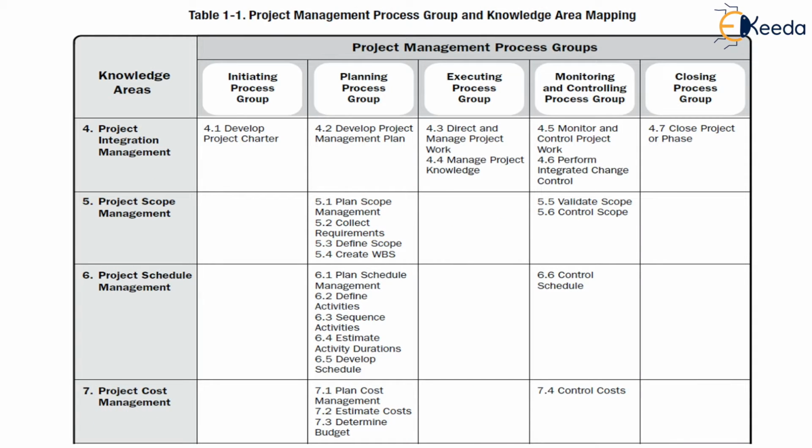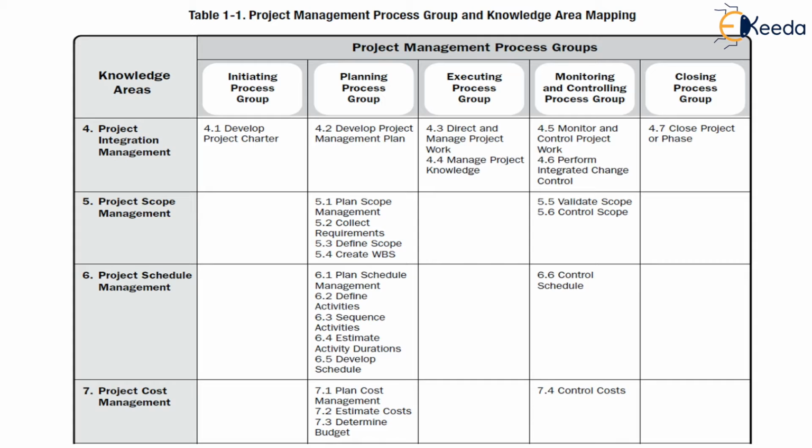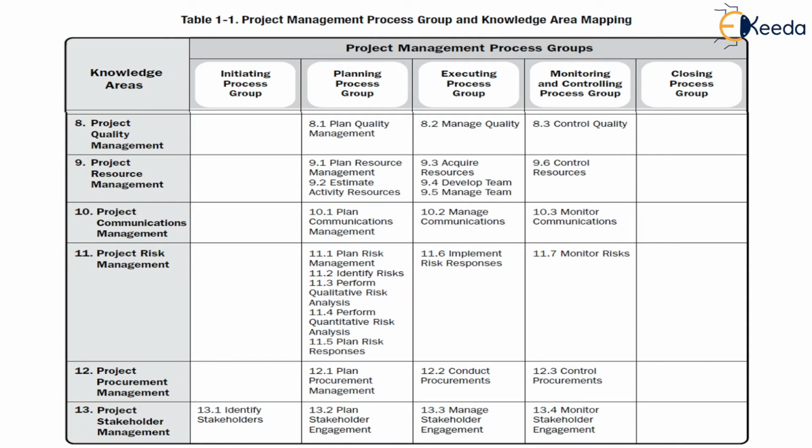Similarly, the planning process group has multiple processes which range across all 10 knowledge areas, while the executing process group has processes which are related to integration management, quality management, resource management, communication management, risk management, procurement, and stakeholder management.